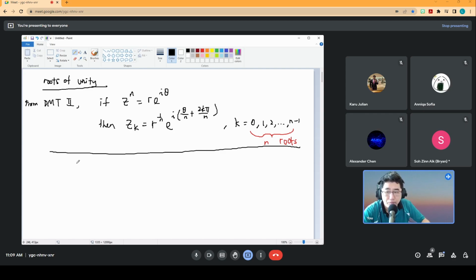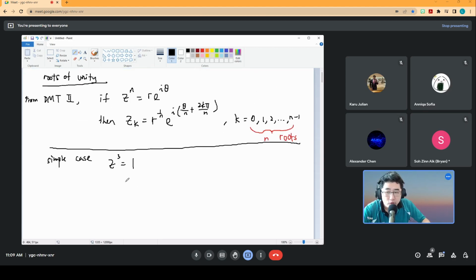Okay, number one, the best is we look at the result. Let's look at the simple case first. Let's say z cube equals 1.